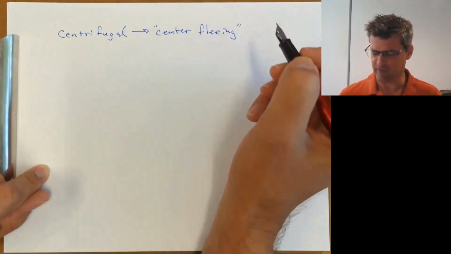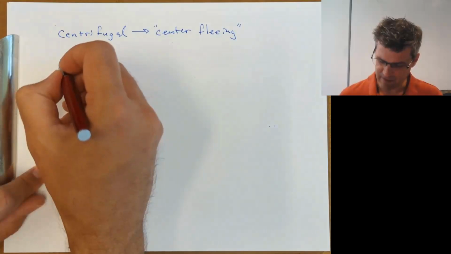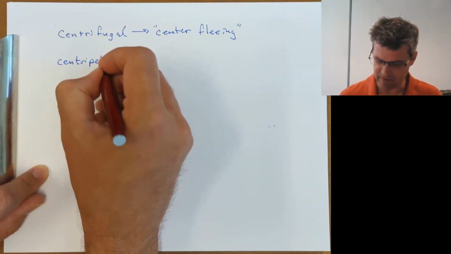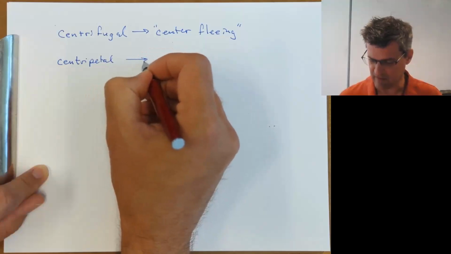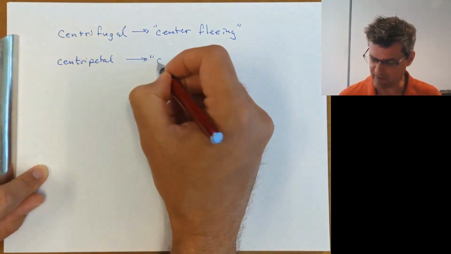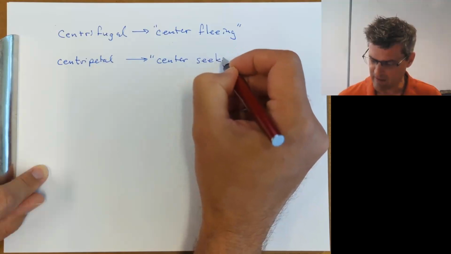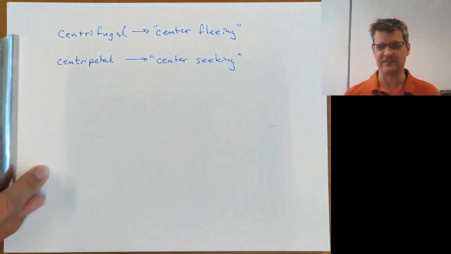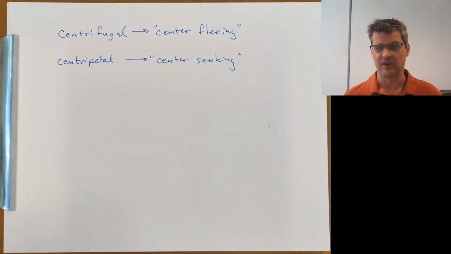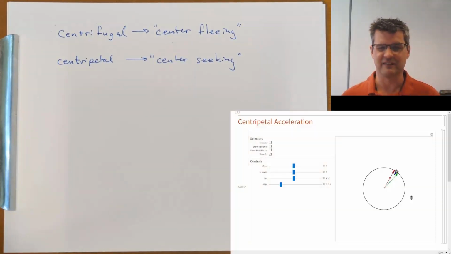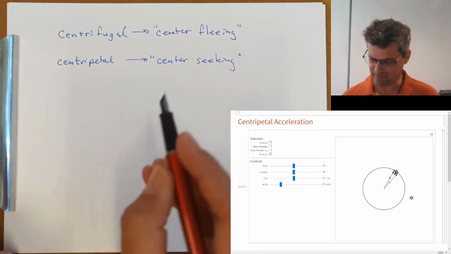That's what the word means. Centripetal is a similar word, but different. It means center seeking. So what I see in Mathematica here is a center seeking acceleration.